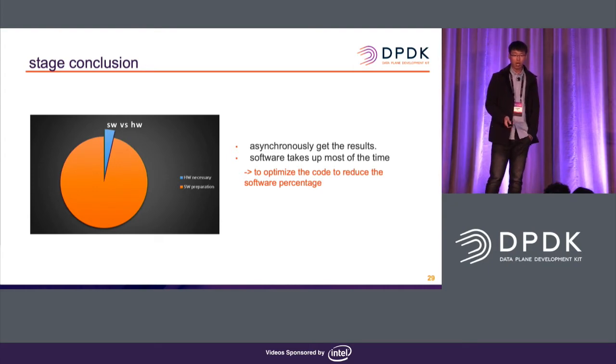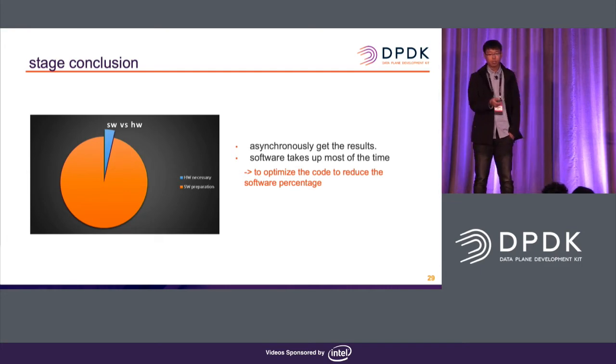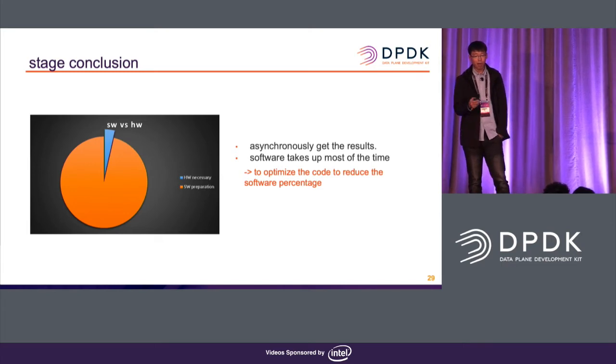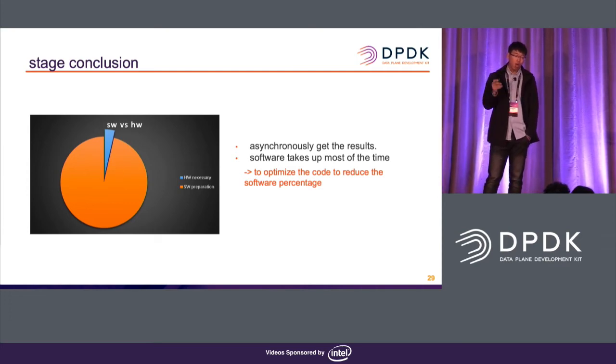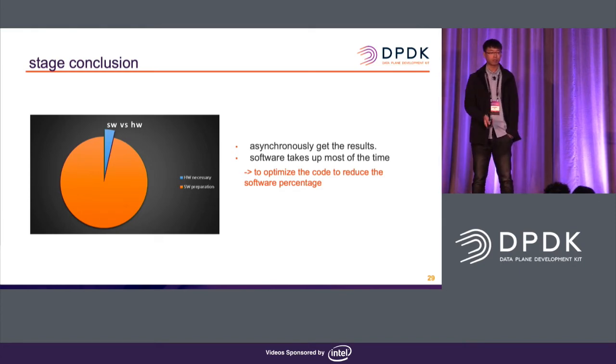At this point, we have tried our best to asynchronously retrieve the result. And here is the hardware and software consumption pie. We can see that the software takes up most of the time. So our next work is to optimize the code to reduce the software percentage.